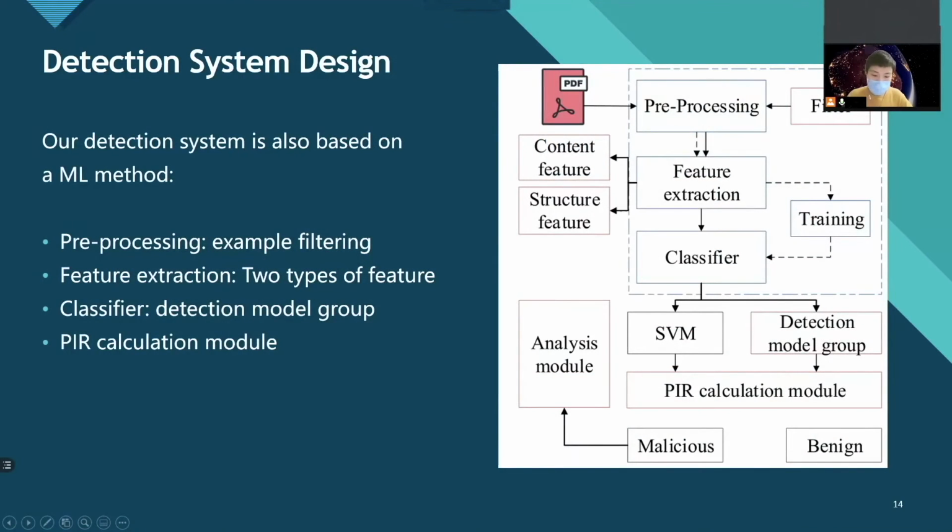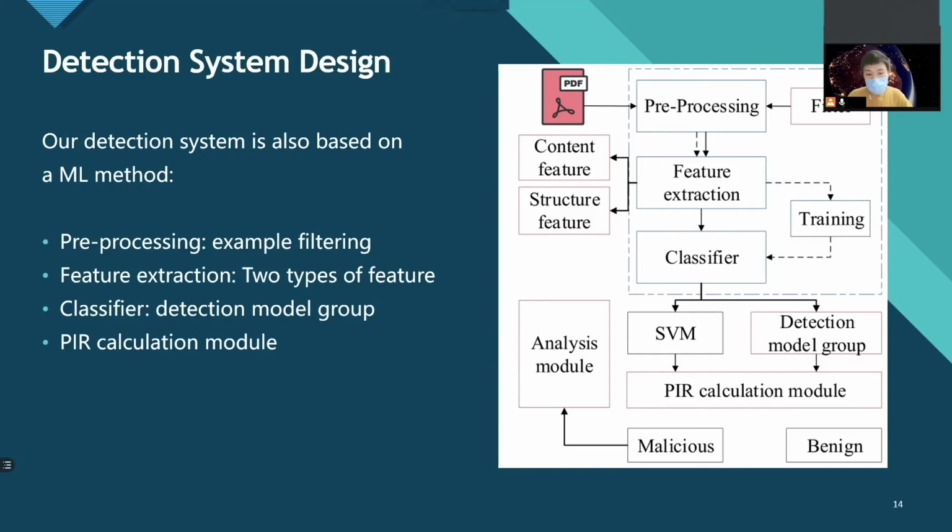Based on the above modules, we redesigned the detection system based on the machine learning model. The whole structure is relatively clear. The three parts of the detection model were repaired in the pre-processing stage of machine learning methods. Example filtering of flawed documents and mimicry attacks is added. In the subsequent feature extraction part, we mainly use two types of effective feature sets: content-based features and structure-based features.